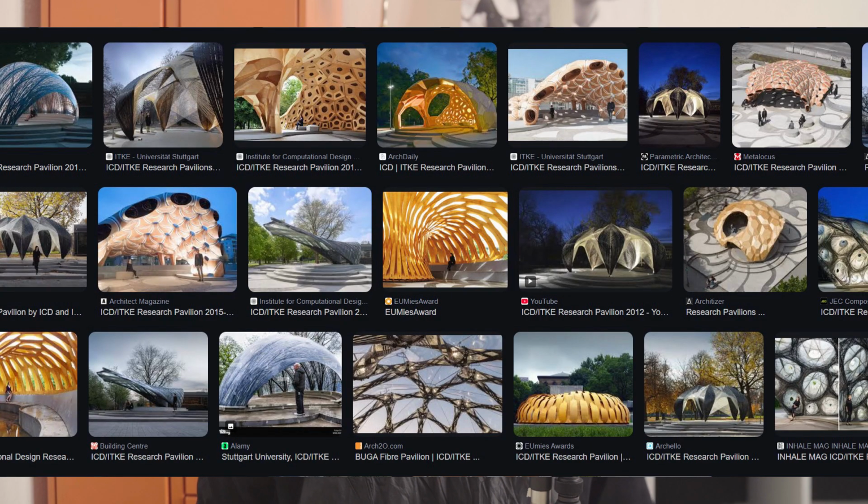And we have, of course, some of the names known in the computational design, like Achim Menges, who became a professor when I was there doing my PhD. We were in the same building. Our two institutes, mine was ITKE, and Achim Menges' institute is ICD, Institute for Computational Design. The two institutes did all those pavilions together that are relatively famous and so on.